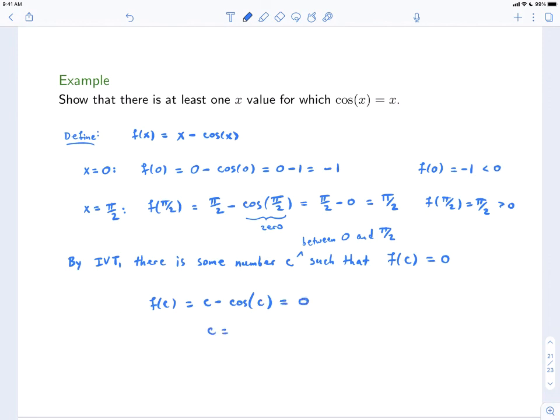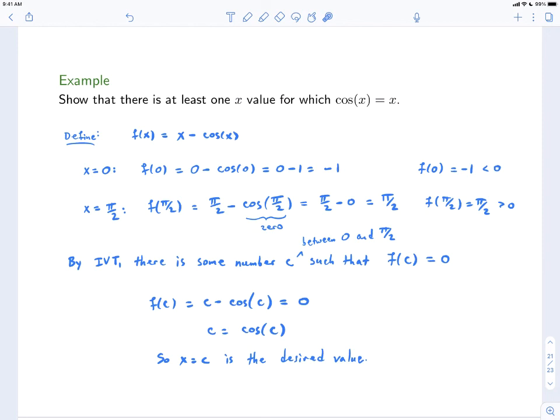So c is equal to cosine of c. So x equals c is the desired value. Remember, we were asked to show that there exists at least one x value for which cosine of x is equal to x, and we found one.